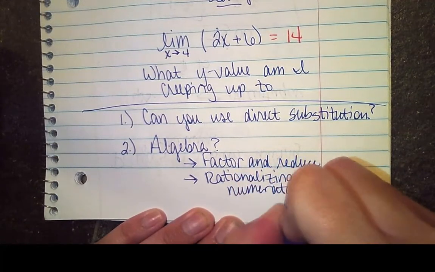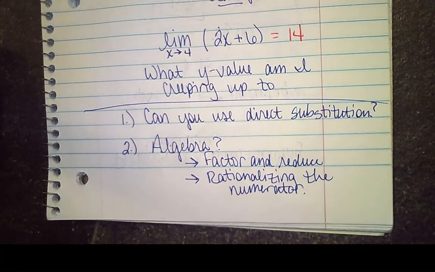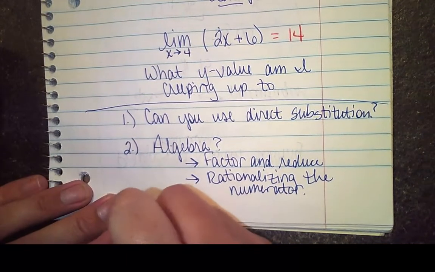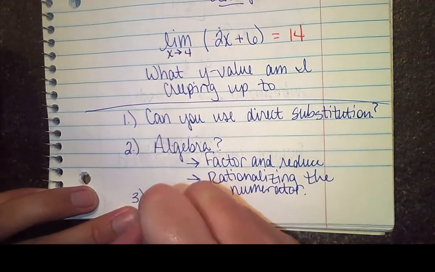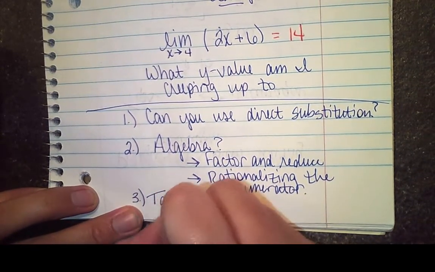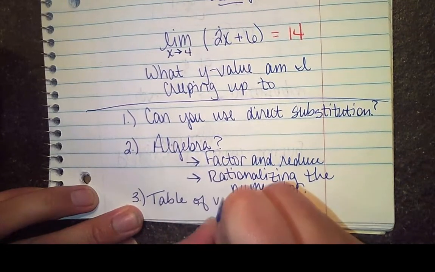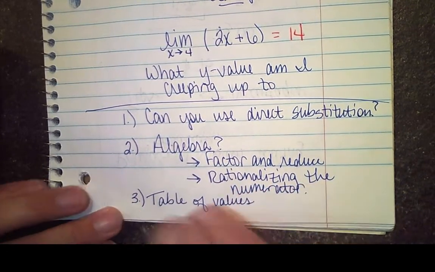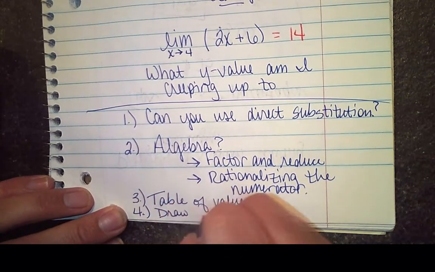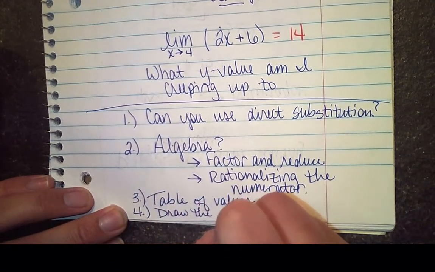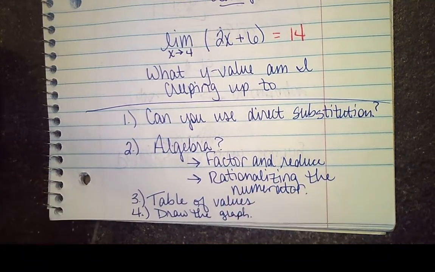If neither of those works, then I can go to two other options, which are tedious. I don't like using them, but I can if I have to. I can make a table of values, or if I need to, I can draw the graph and look at it from there.